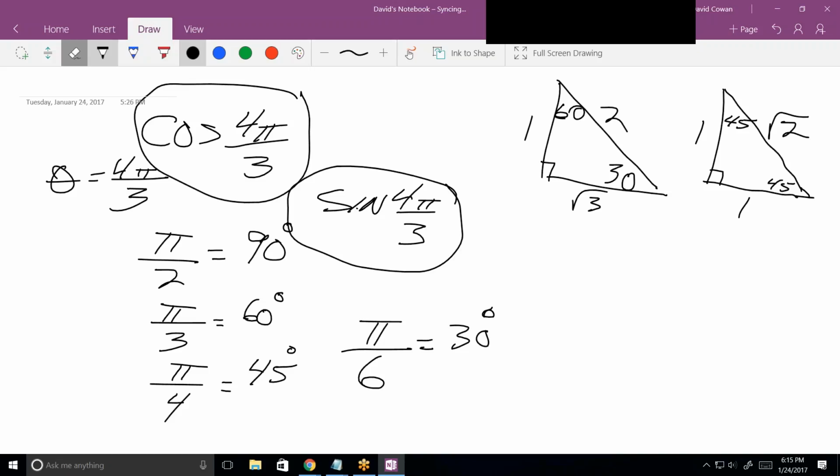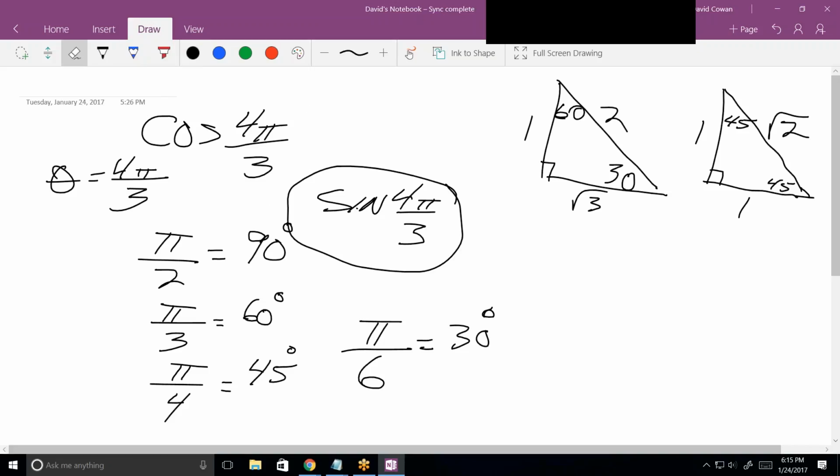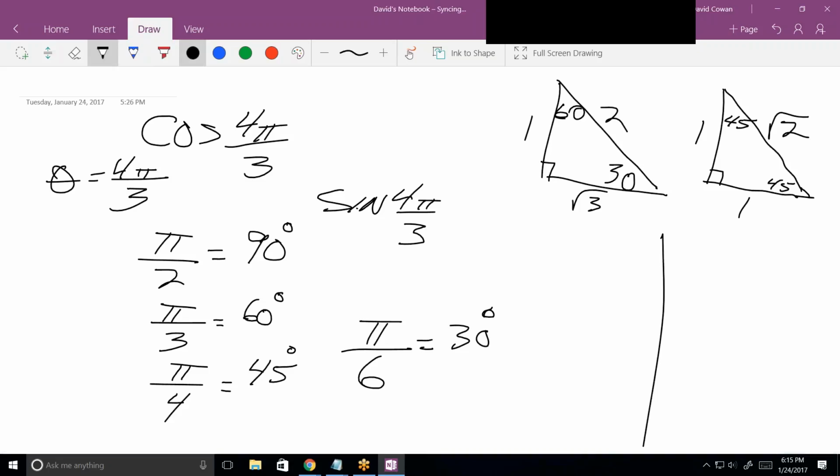So let's use our unit circle. I'm going to draw it right over here. And which quadrant is that angle in? Quadrant 2. Okay, here's another easy way.